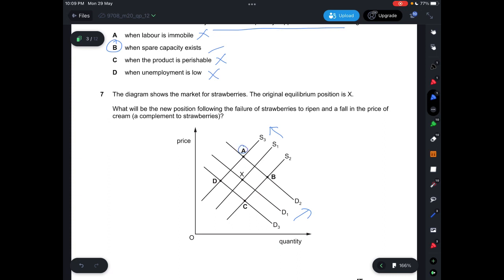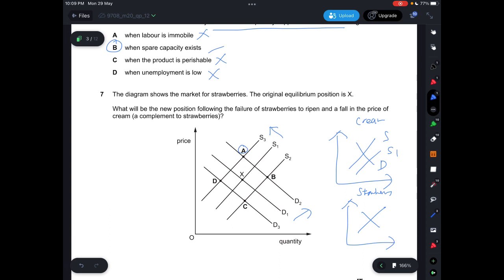Because, like I said earlier, a complement, meaning that if there's a fall in price, it will be something like this. So assuming this is your supply-demand graph. And now when there's a fall in price, this means that the supply curve shifts to the right. Then, at the same time, your demand curve for strawberries, this one I'll say, this is cream. This is strawberry.